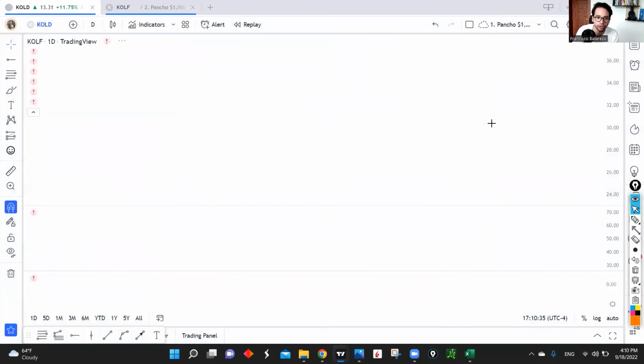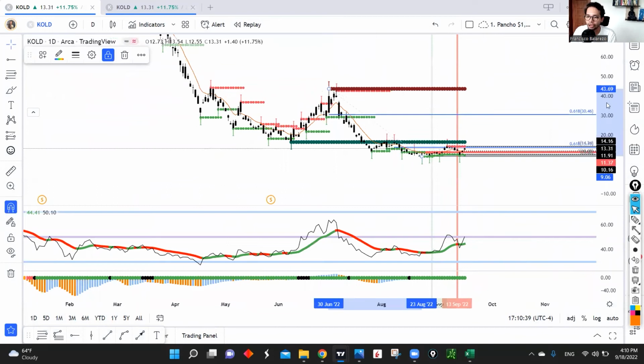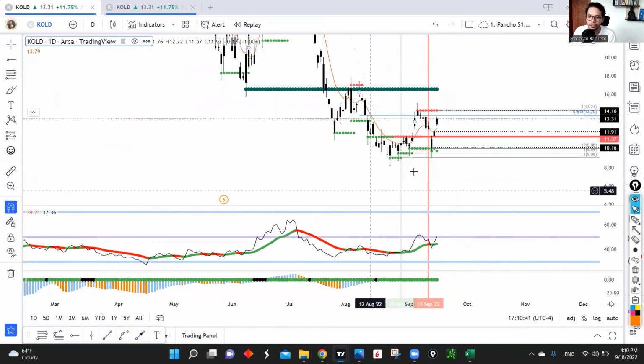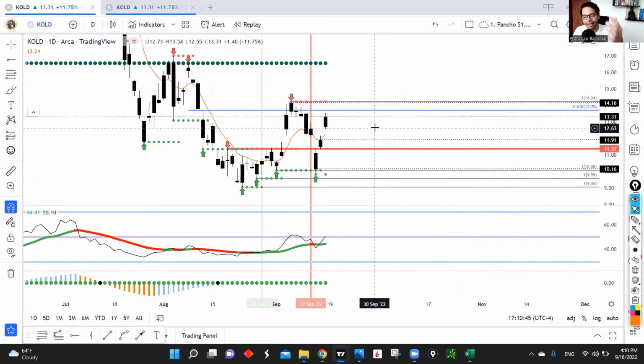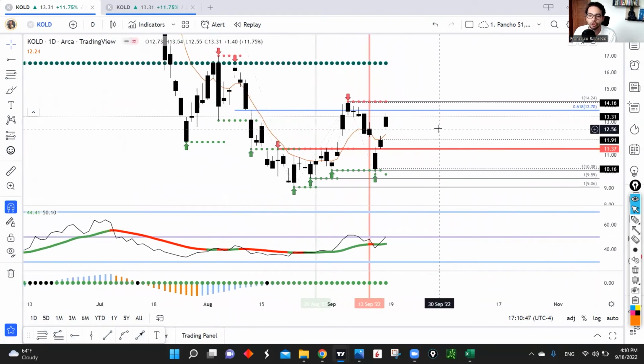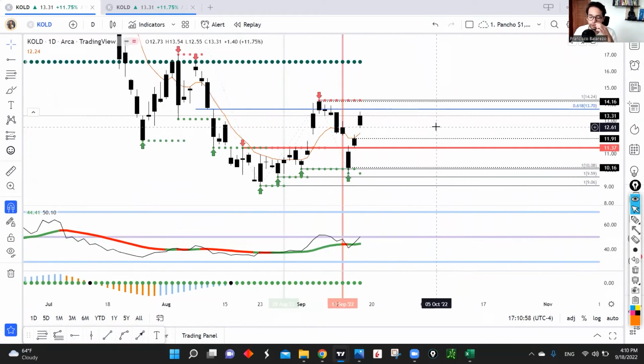Of course, I do some analysis on this chart as well, but the most important thing is to do your analysis on the main ETF, because you're going to get a cleaner, higher probability trade using that ETF as your charting chart.